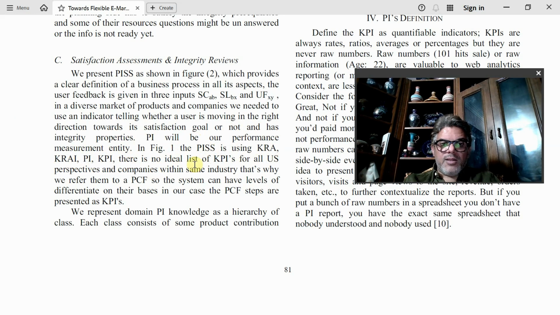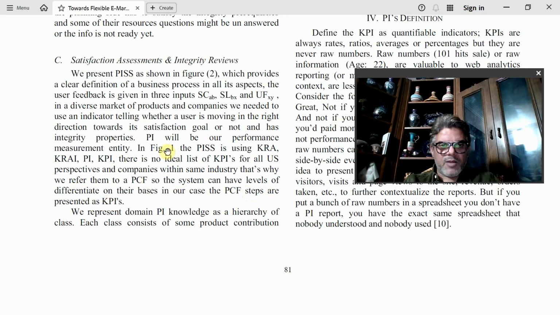There is no ideal list of KPIs for all user satisfaction perspectives and companies within the same industry. That's why we refer them to a PCF, so the system can have levels of differentiation on their basis. In our case, PCF steps are presented as KPIs.